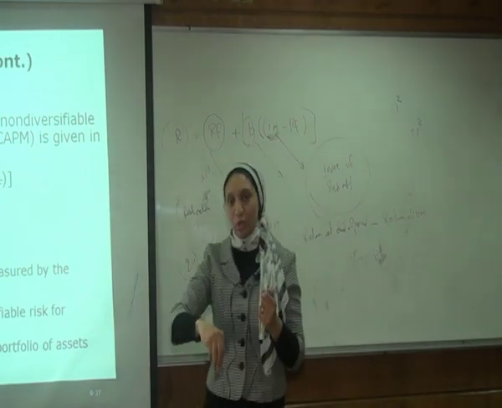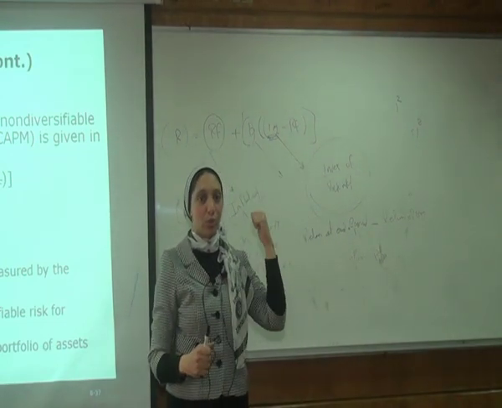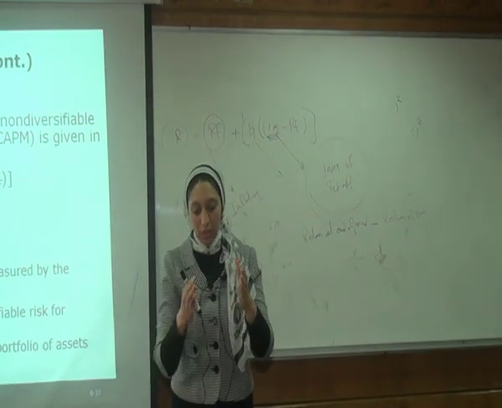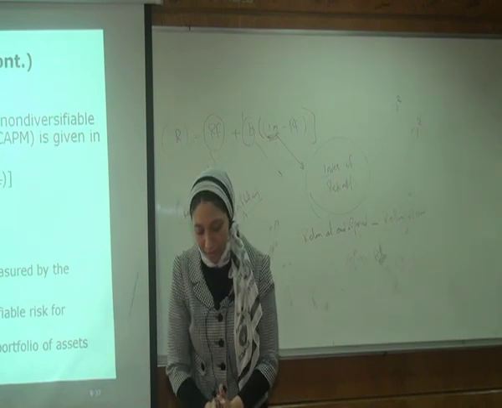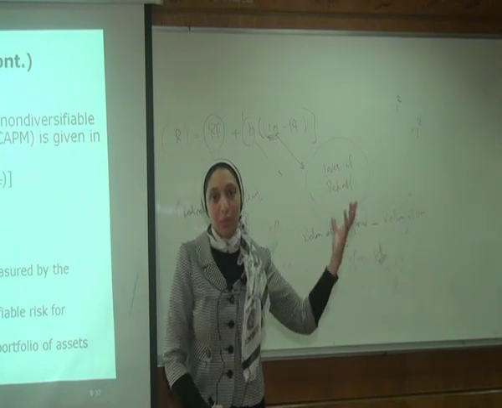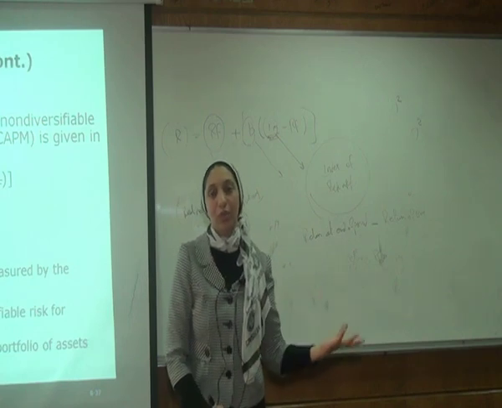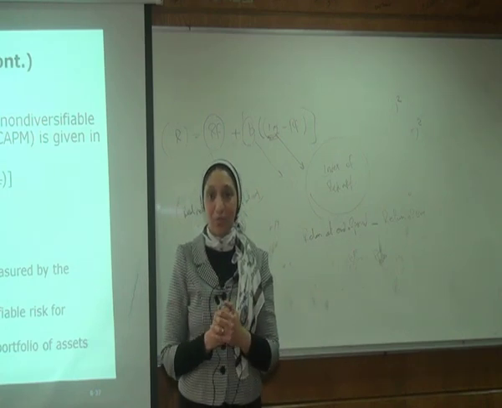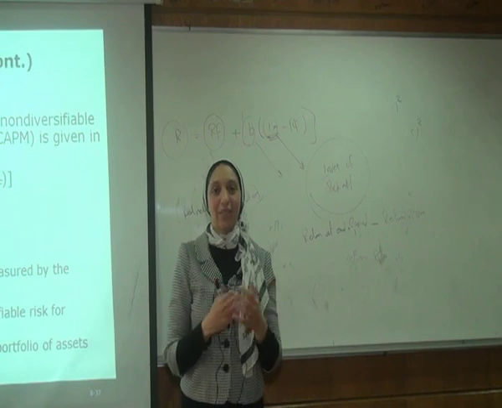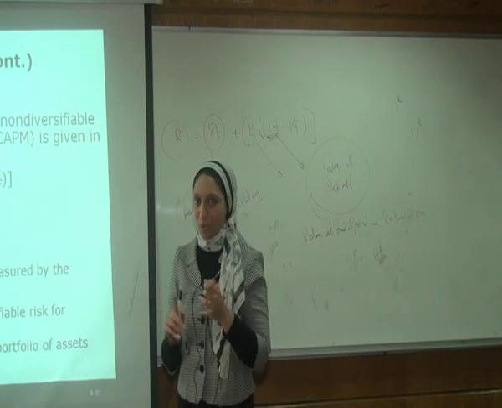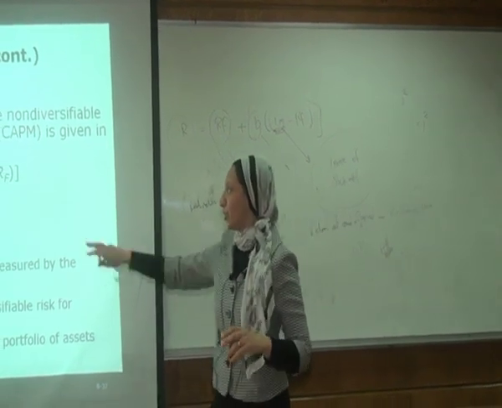Okay? The new return minus old return divided by old return. The return at the end of the year minus the return at the beginning of the year divided by the return at the beginning of the year. So it's easy to calculate. Usually in the exam, market return is given for you.